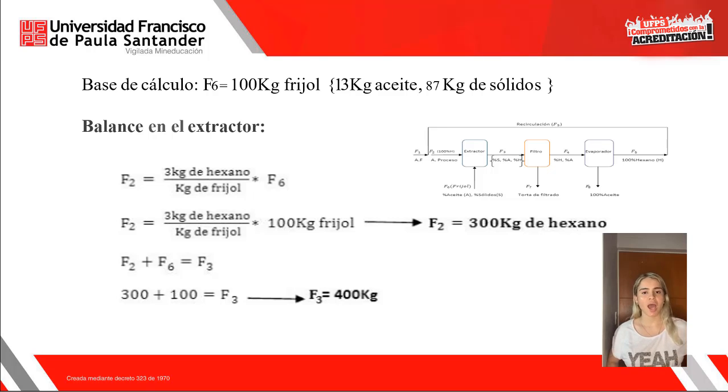We choose as base of calculation F6 equal to 100 kilograms of beans, which is equivalent to 13 kilograms of oil and 87 kilograms of solids.